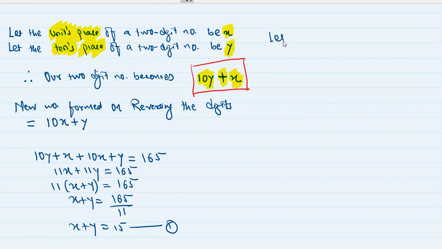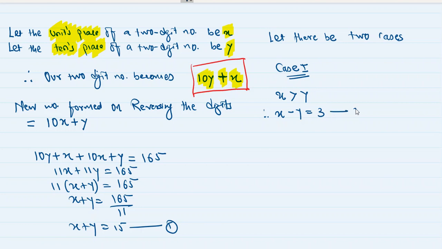So let there be two cases. Case 1 has x greater than y. Therefore, x minus y is equal to 3. This becomes equation 2.